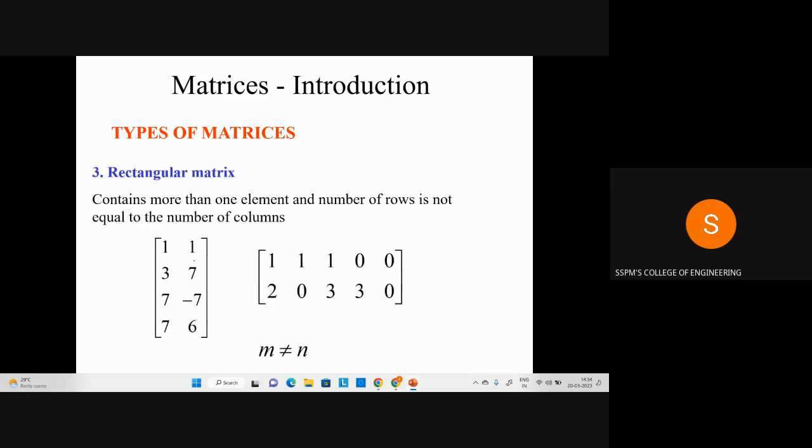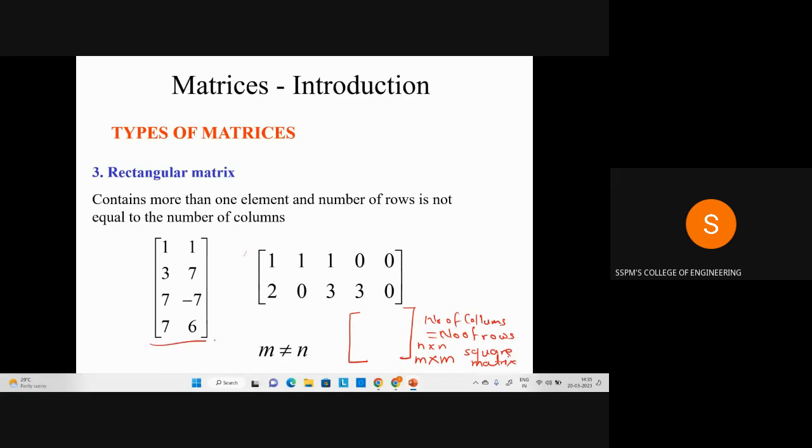What is a square matrix first? A square matrix means its order is m cross m or n cross n. If the number of columns is equal to the number of rows, then we call it a square matrix.